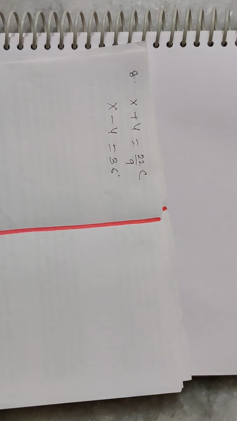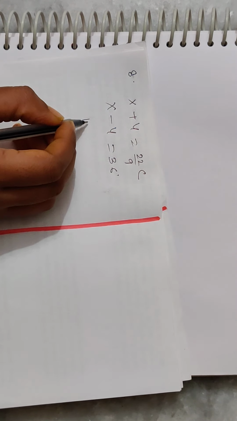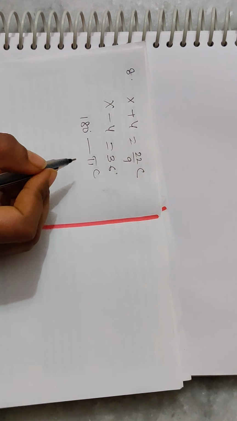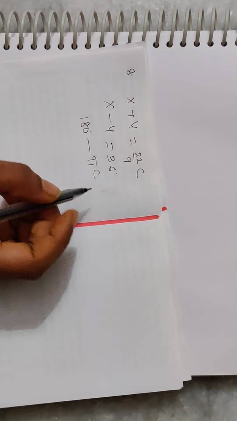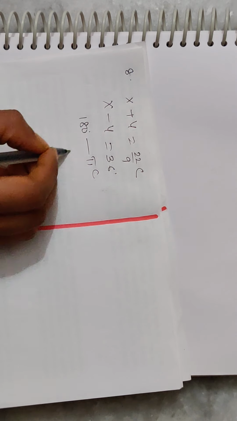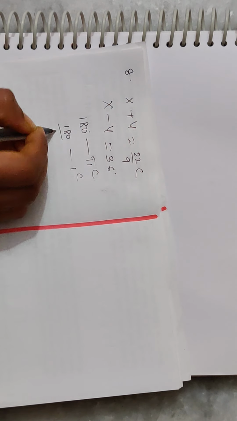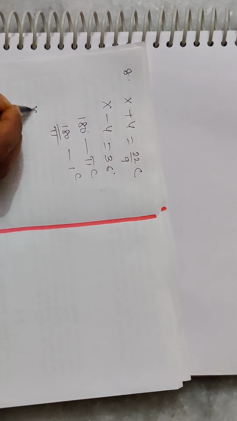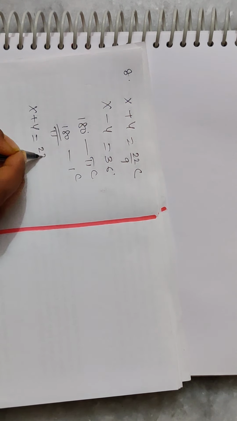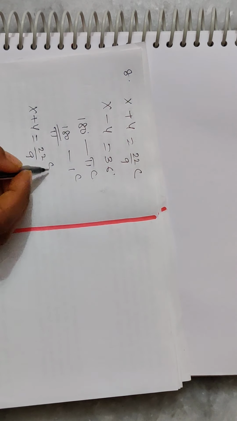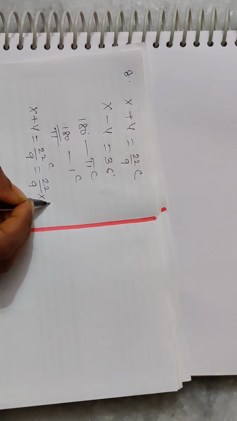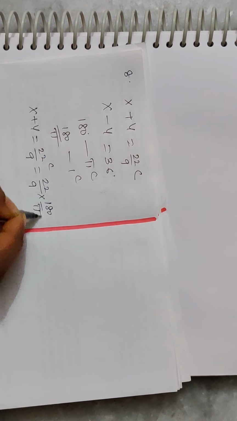Radians means we have to convert it: 180 degrees is pi radians. So here 1 radian is 180 by pi. So x plus y is equal to 22 by 9 radians, which means 22 by 9 into 180 by pi.